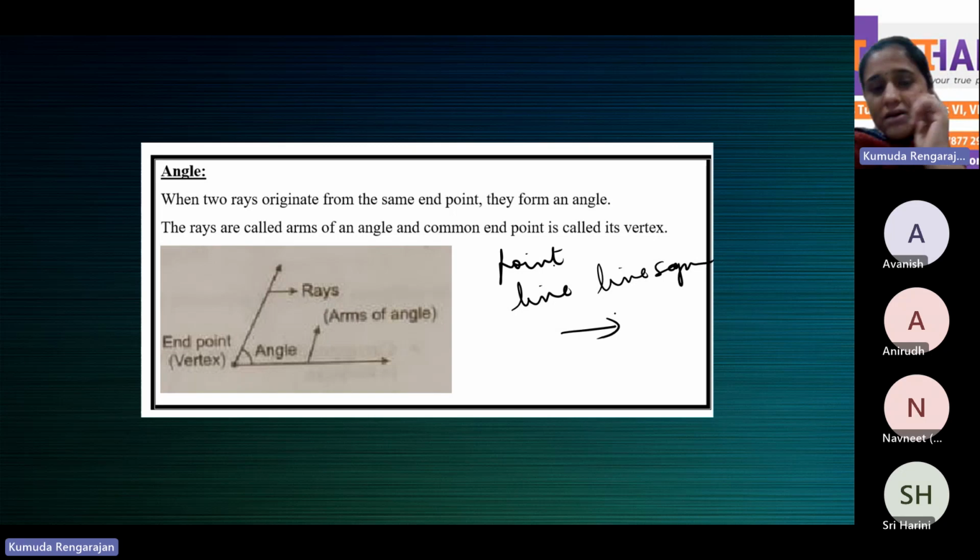It has an initial point and extends indefinitely on the other side. Then we saw collinear points, non-collinear points. If 3 or more points lie on the same straight line, then they are collinear. If they don't lie on the same straight line, they are not collinear.